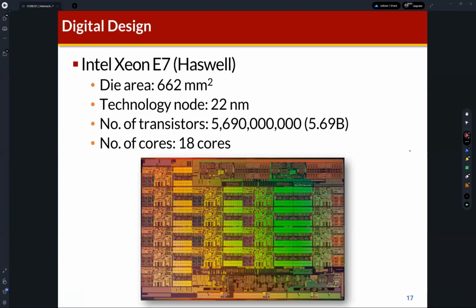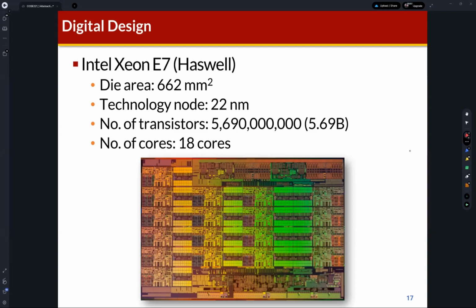And then this is the die of Intel Xeon E7, which is based on the Azure architecture. This is not an older generation of the CPU. Recently we are using Ice Lake or some. The server architecture is a little bit different from the consumer CPU architecture.